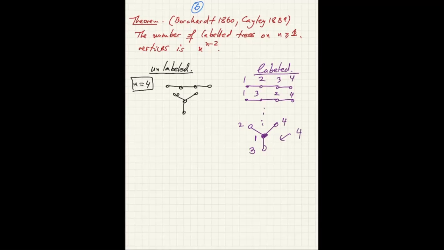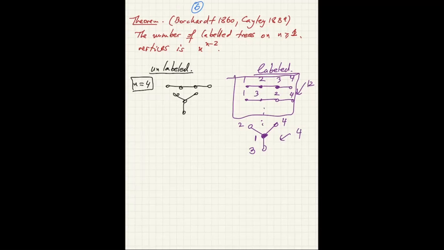So there are going to be 4 of these, and if you want to count the other ones, there will actually be 12 of them. You see, like the 2 vertices here, you can do the count. It's not too difficult. So you can get 12 and you get 16. And this agrees with 4 to the power of 4 minus 2, which is 16.